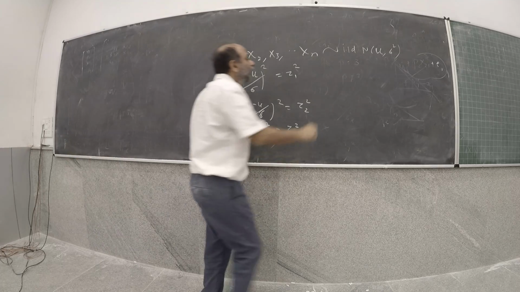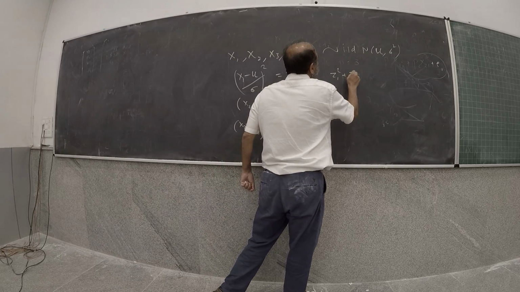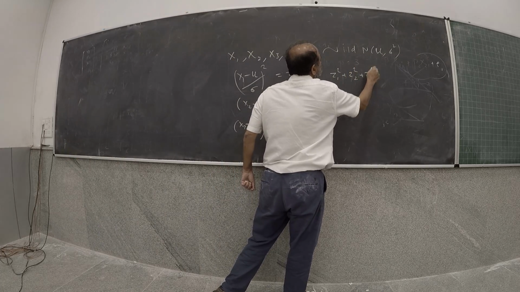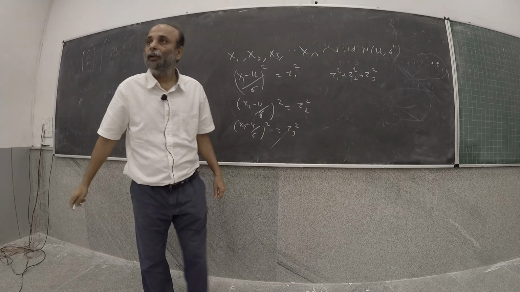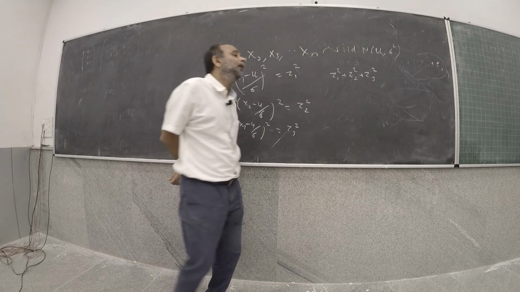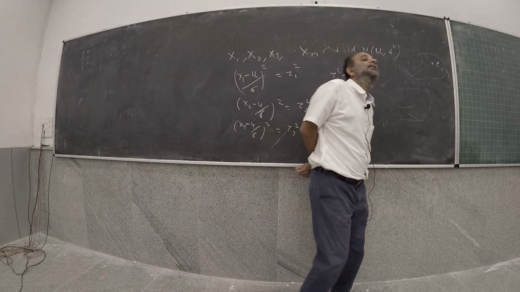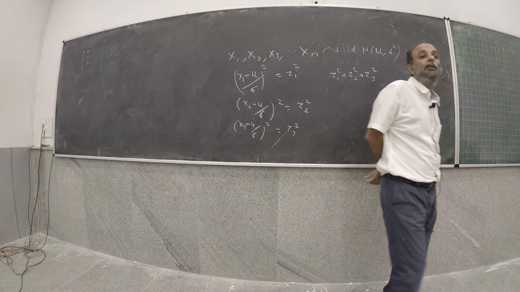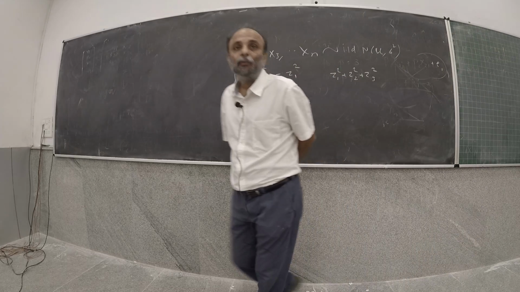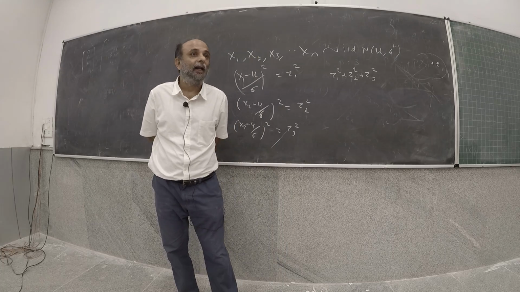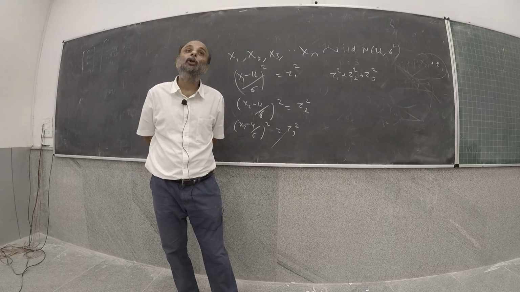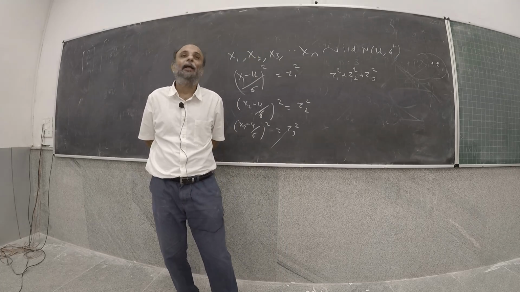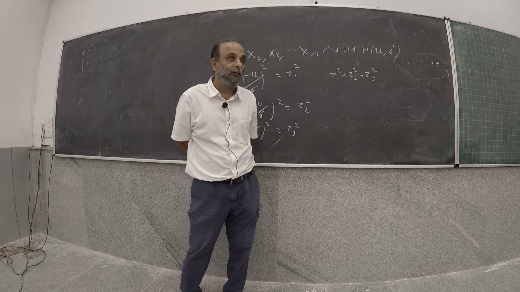Now think of adding z1 square plus z2 square plus z3 square. This is a sum of 3 independent standard normal squares. But that's also a random variable because the value that x1 takes is the outcome of a chance experiment.